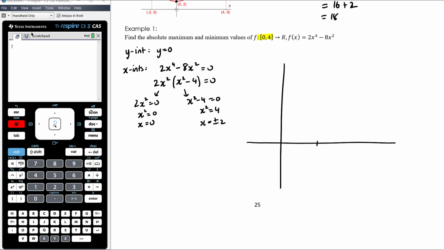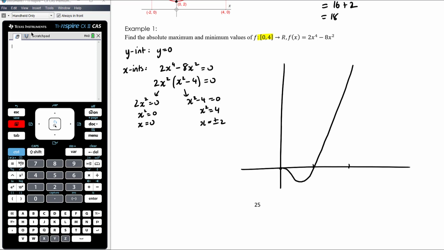So let's have 2 and 4, and we're going to need to move that down. Perhaps just be a bit careful about how low down we go here so that we can fit it on. I'm going to keep going all the way up to 4. Okay, so that's the point 2, 0. This is the point 0, 0.